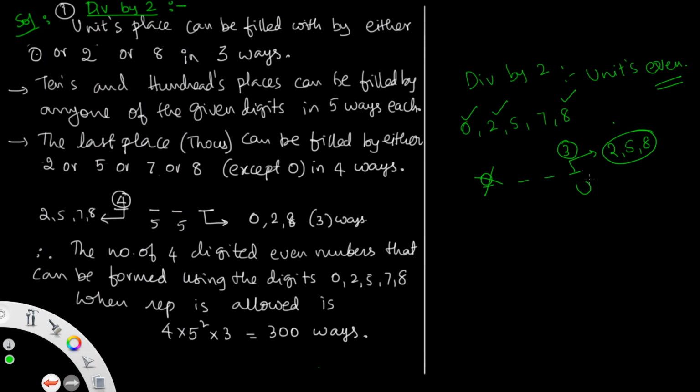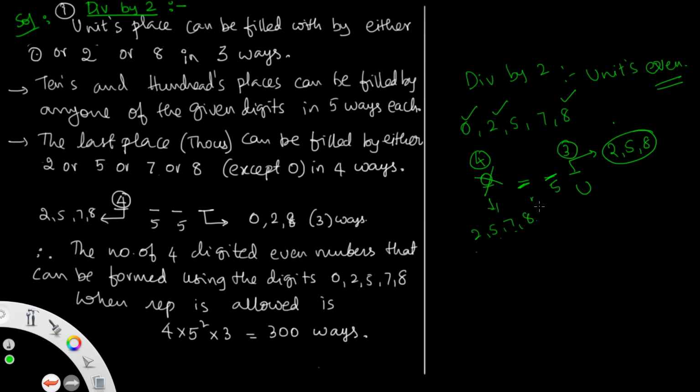So the thousands place can be filled using 2, 5, 7, 8. Since any number can be used any number of times, that can be done in 4 ways. So the thousands place can be filled by 2 or 5 or 7 or 8, except 0, in 4 ways. Similarly, the tens place and hundreds place can be done in 5 ways each.